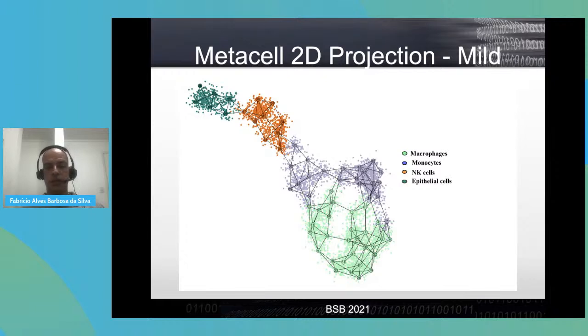And we also did, over this two-dimensional projection, a clustering of metacells. So you have 4 different colors corresponding to 4 different clusters. And for those clusters, we retrieved the marker genes and used those marker genes to do some automatic cell type identification using both the EnrichR and PanglaoDB websites.